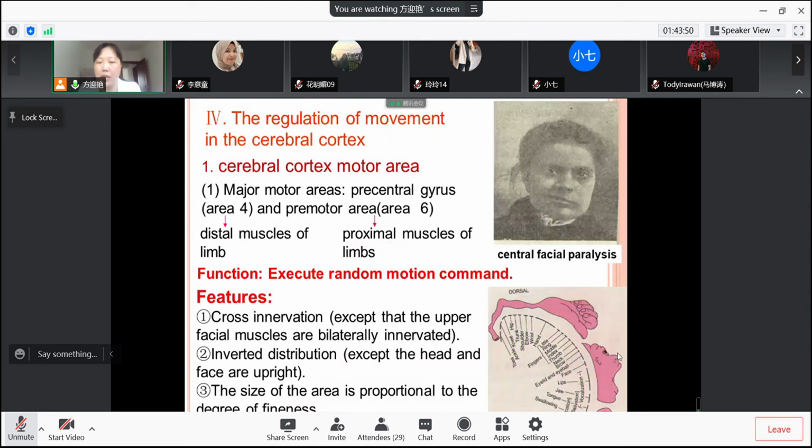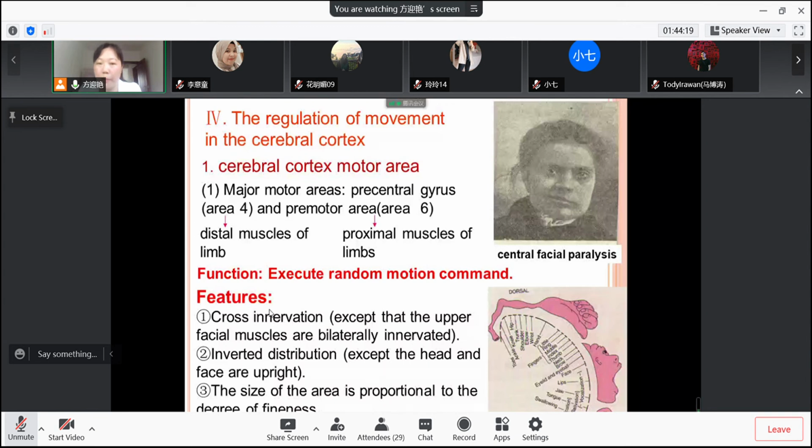It means the upper facial muscles are regulated by both cerebral cortex motor areas, innervated by either the left or right motor area.